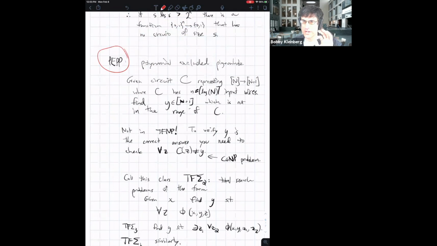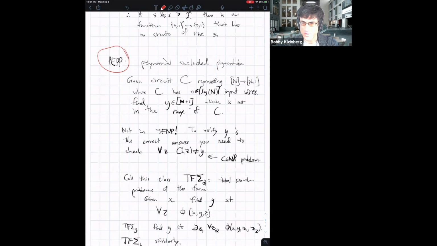And actually, to say a bit more about that, that problem is a unary problem, by which I mean the standard problem that circuit complexity focuses on is: given a number of input bits, find a function on n-bit inputs that cannot be computed by small circuits.